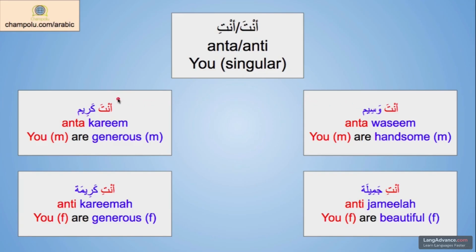And you want to tell him that he is generous, you say أنت كريم. You are generous. If you're talking to a female and you want to tell her she is beautiful, you say أنتِ جميلة. You are beautiful. Or you want to tell her that she is generous, you say أنتِ كريمة. You are generous.